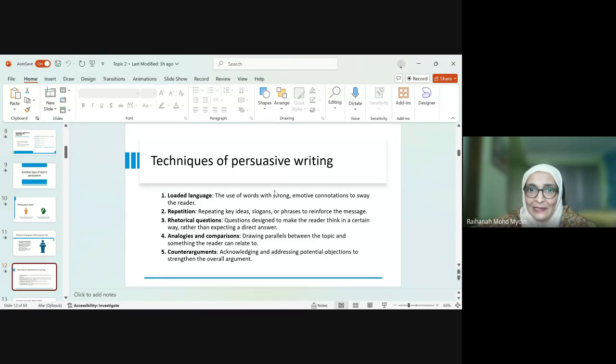So there are certain techniques incorporated in that novella. You've got questionings, the way the speaker, the writer addresses certain ideas, to question or to entice the audience and the reader to think in a certain way.